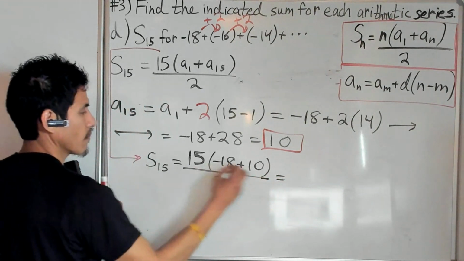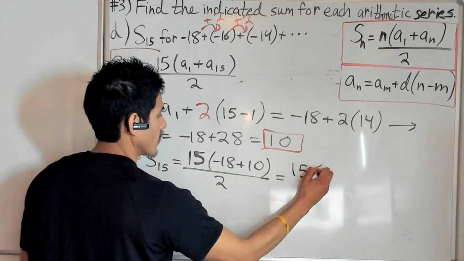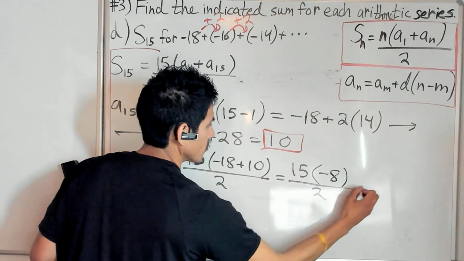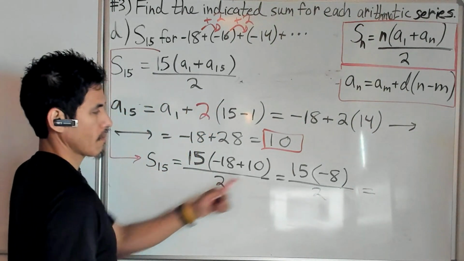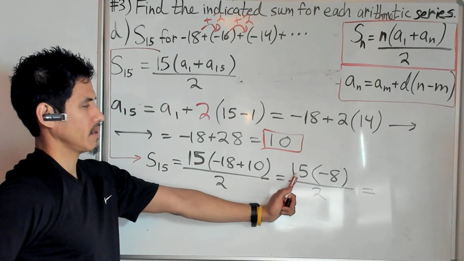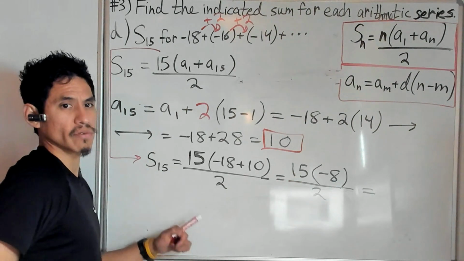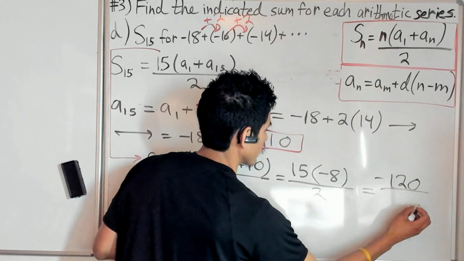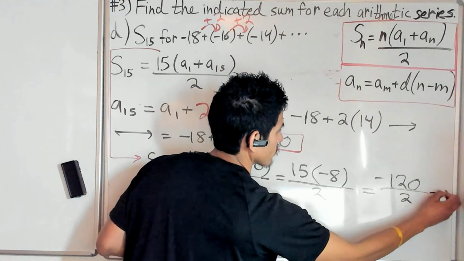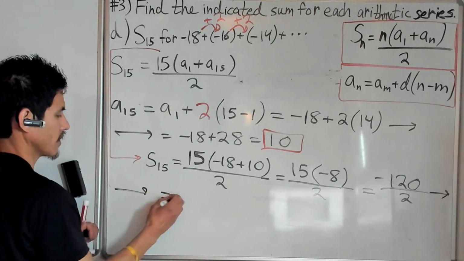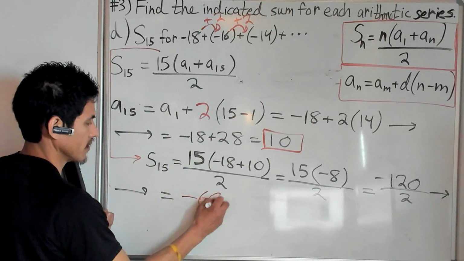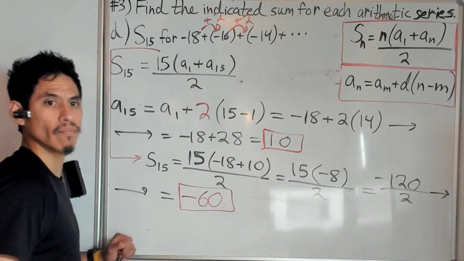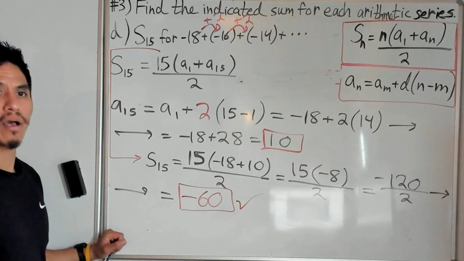Doing the math right. 15 times negative 18 plus 10, negative 8, over 2, negative 120 over 2. And we'll get negative 60. All right, so there you go. Hope that helps.